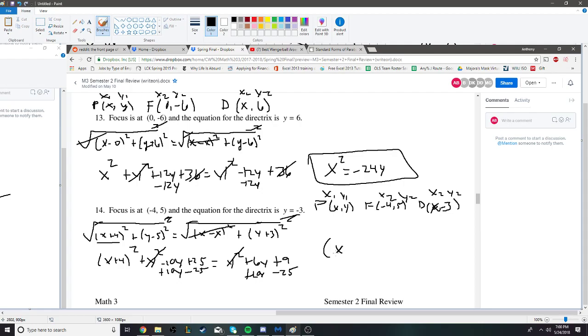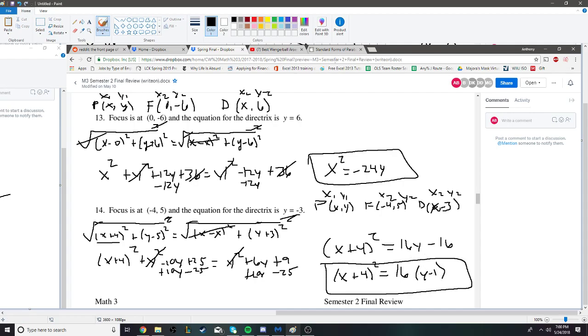So we get x plus 4 squared equals 16y minus 16. And when we factor out the 16, since it has a GCF, we're left with y minus 1. Done.